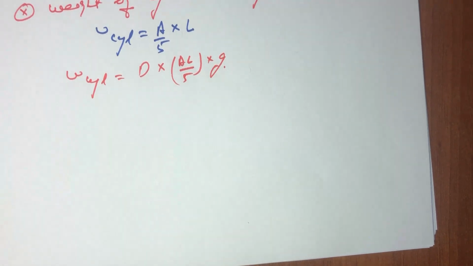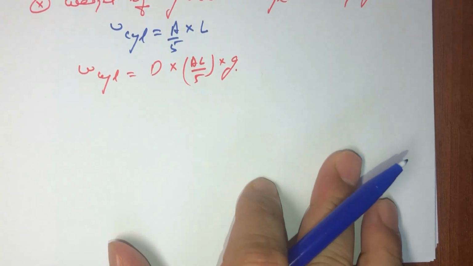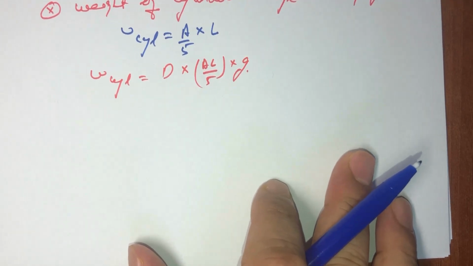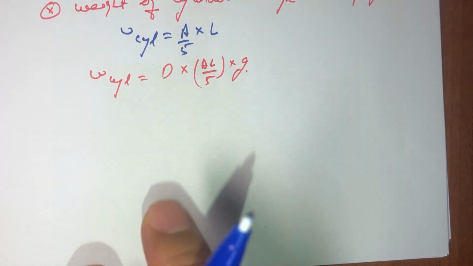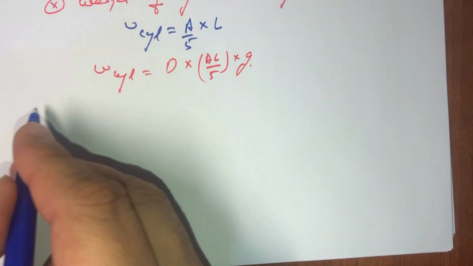So let us calculate now the buoyant force. Now there are two different liquids which are not mixing with each other. So let's find out the buoyant force.